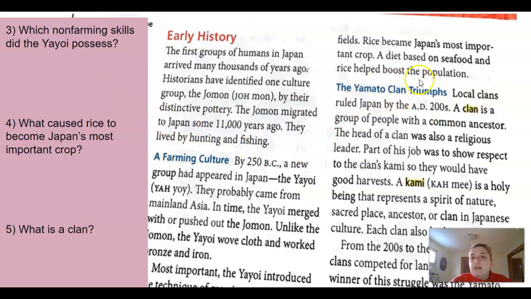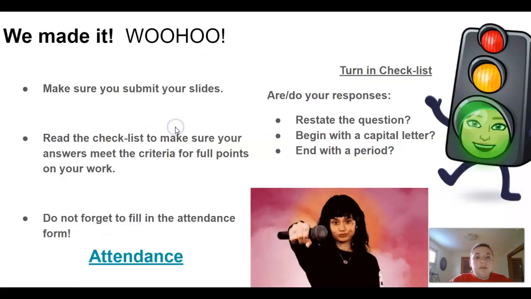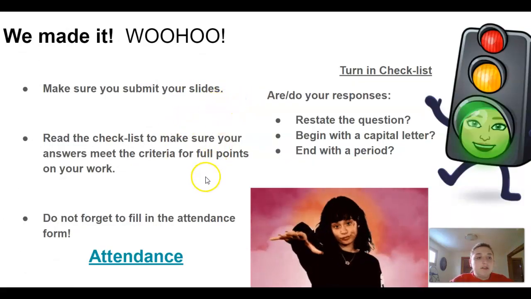Then we're going to see a clan kind of come out, the Yamatos. And then we'll move on tomorrow to Prince Shikoku. And then we have technology, so farming and more kami stuff.